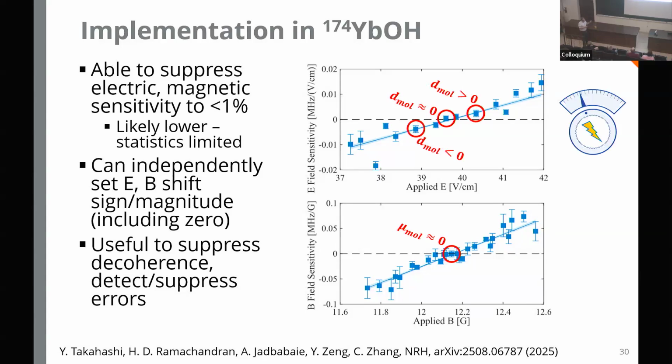But we can then turn a knob and change the molecular dipole moment. We can make it positive or negative, and same with the magnetic dipole moment. So this gives us a lot of control over these molecules that you can't realize using other approaches.